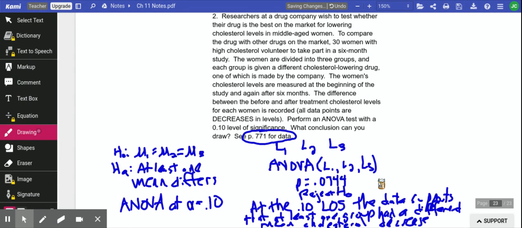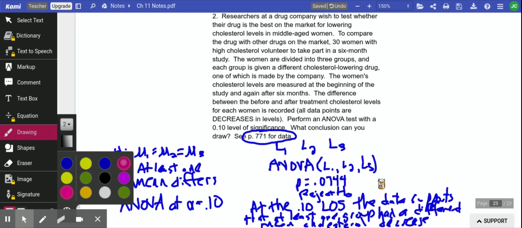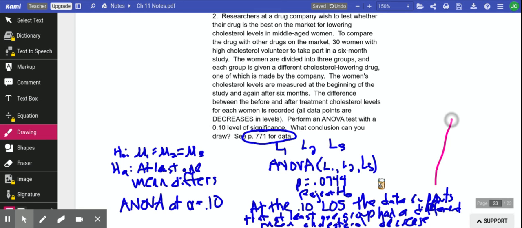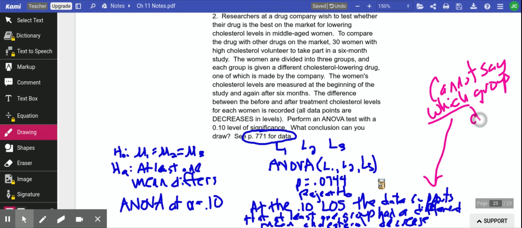Now, one thing I want to make note of about this, we do not know which one. We cannot say which group differed. Not from this test, okay?